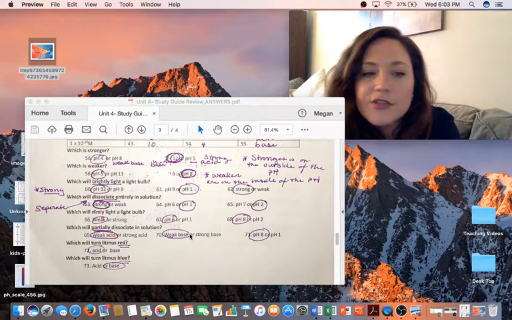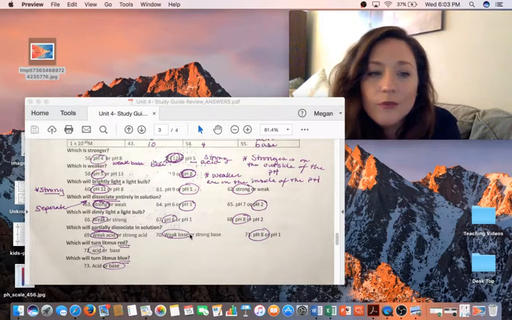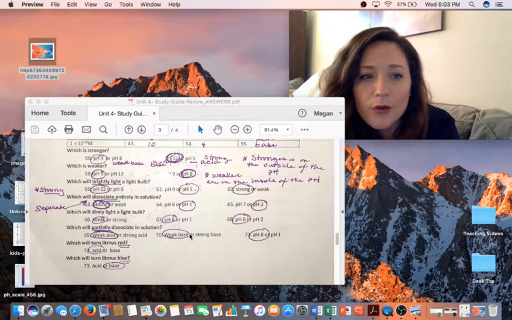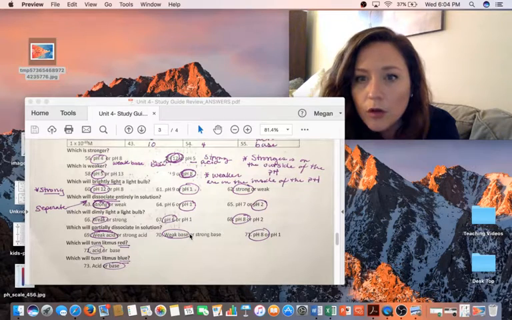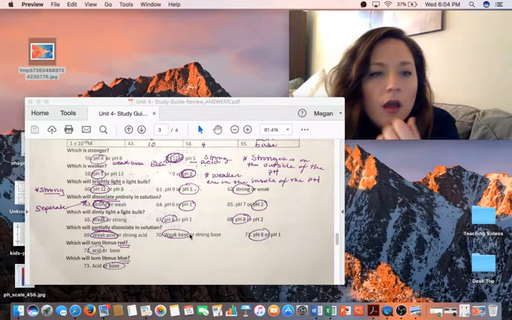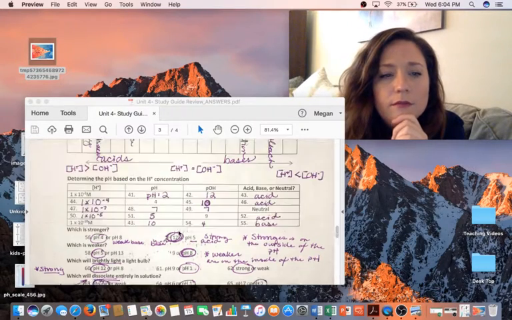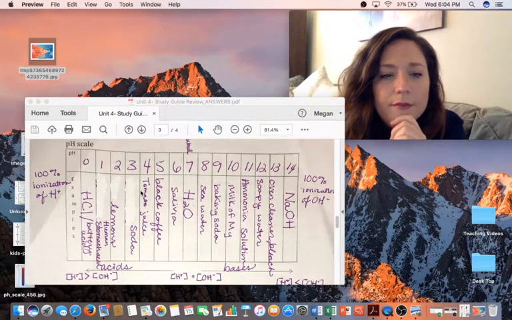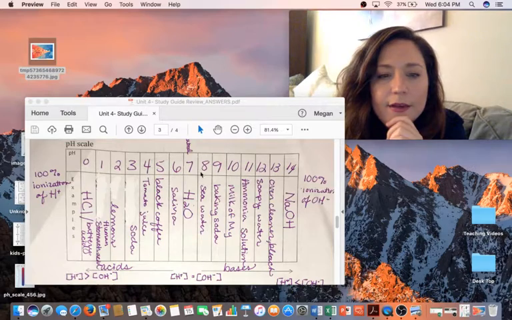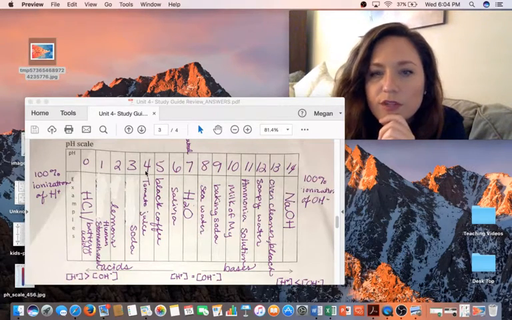The rest of these are just comparing facts and characteristics. Which one's stronger, pH of 4 or pH of 8? 4 is farther on the scale. 4 is here, 8 is here. 8 is closer to 7. 4 is the winner.